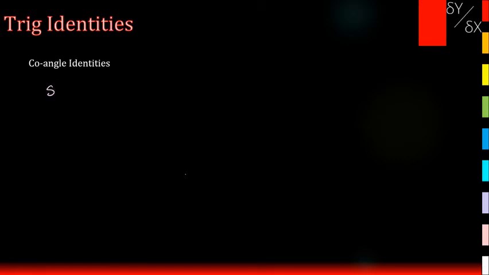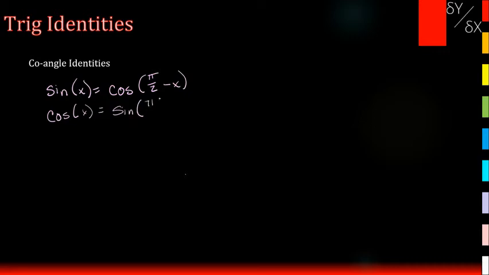And we're going to have that sine of x equals cosine of pi over 2 minus x. And cosine of x is going to equal the opposite, sine of pi over 2 minus x. It's this same pattern for all groups of these.